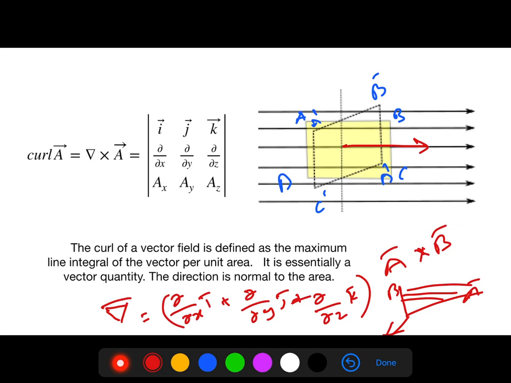So, Ax, Ay, Az are components of A bar along x, y and z. Now, this is the expression of curl in Cartesian coordinates. We have represented this in Cartesian coordinates.